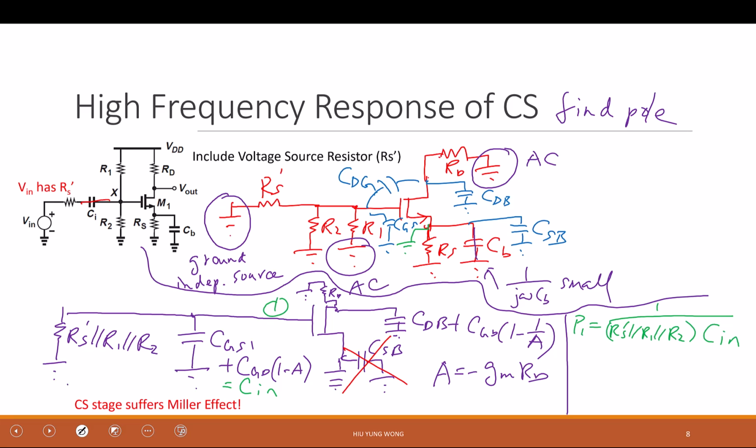And then how about the pole 2? What is that? Okay. You call this Cout, so you say it is 1 over RD Cout. But what if I include the channel length modulation? What is that? Thank you. RD parallel RO, Cout. Is this okay?